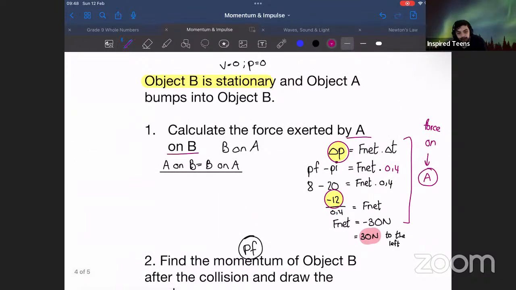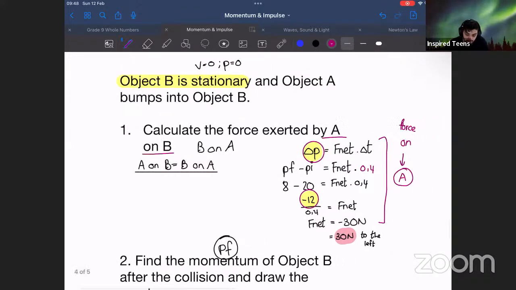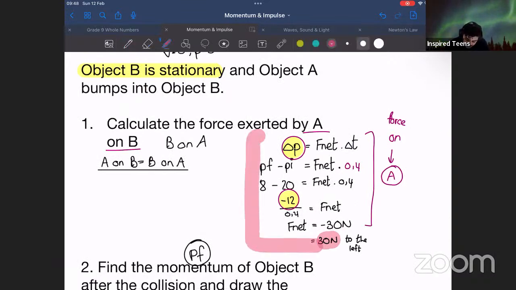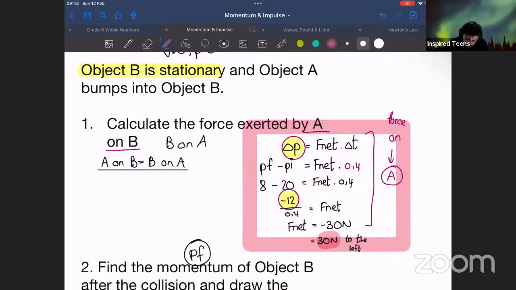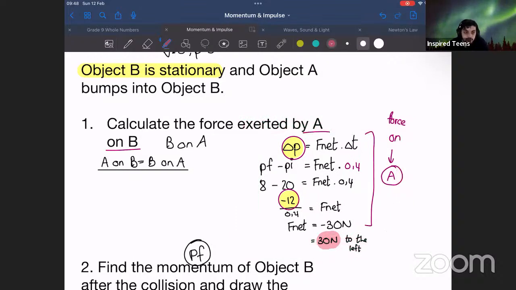The question says, calculate the force exerted by A on B. A on B. So when we say A on B, we are talking about B. We are focused on object B, and we are focused on the force that is being exerted onto object B. So if you want to calculate the force exerted onto object B, in the impulse formula, you need to use B's information, then you'd get the correct direction for that force.